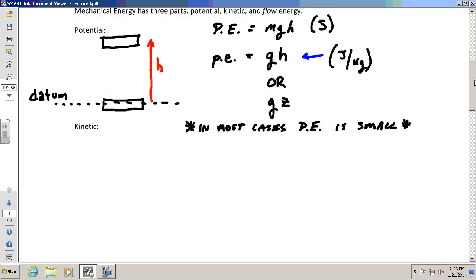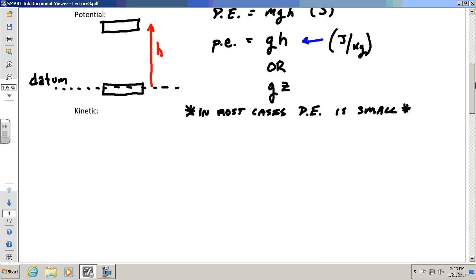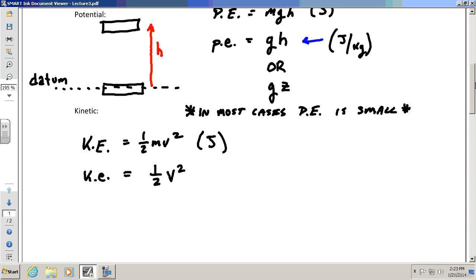All right, kinetic energy. Well, we just talked about that. Kinetic energy is equal to 1/2 mv squared, and the units would be joules. But I can also express kinetic energy on a per mass basis, which is done often in our formulas, as 1/2 v squared. Those units would be joules per kilogram.